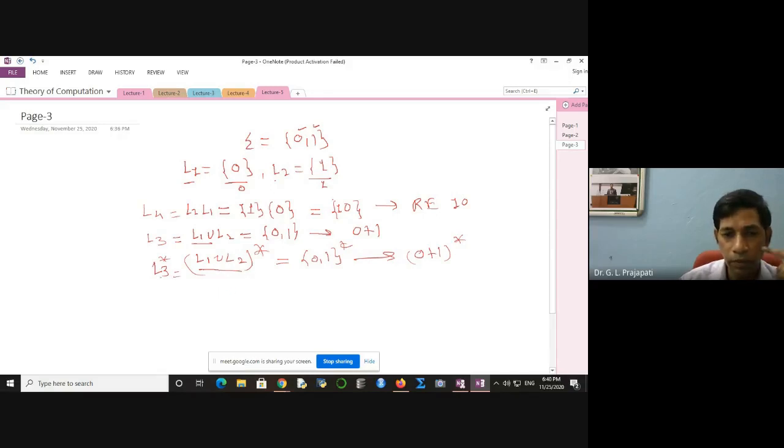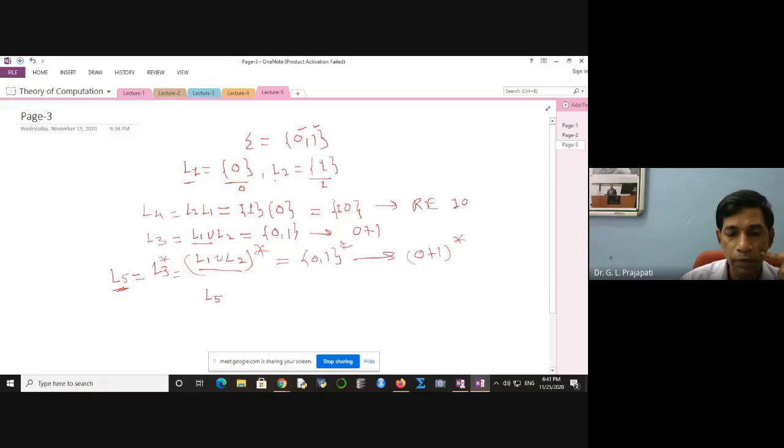Then you can concat further. So you have L3 Kleene star, and we can write L5 is L3 Kleene star. And this is the resulting language, say for example L5.